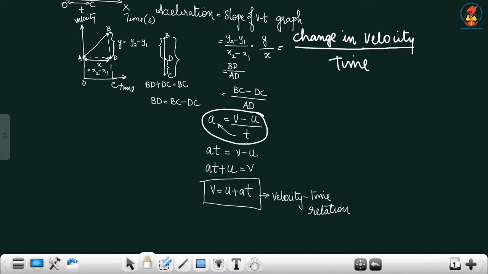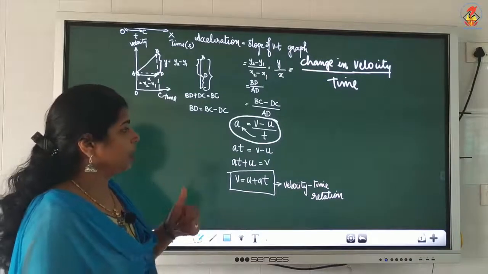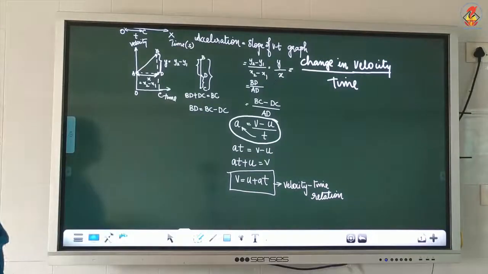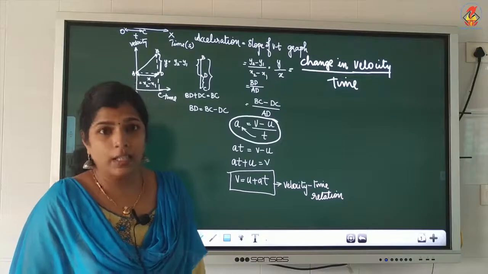Then U you can find out, that is U equal to V minus AT. That also you can find out from this equation. So, this equation is known as velocity time relation. In the next video we will derive the second equation.